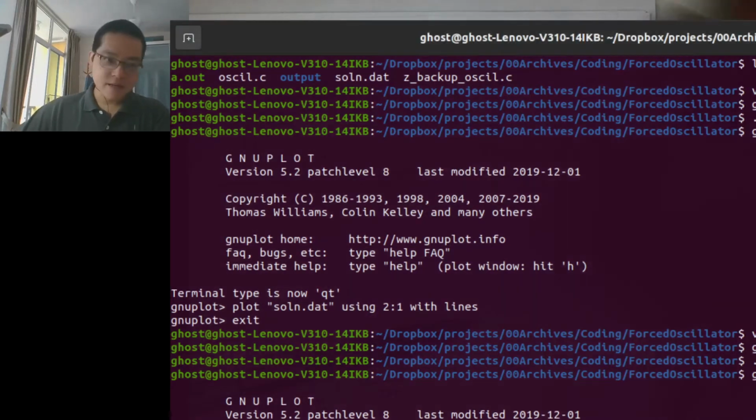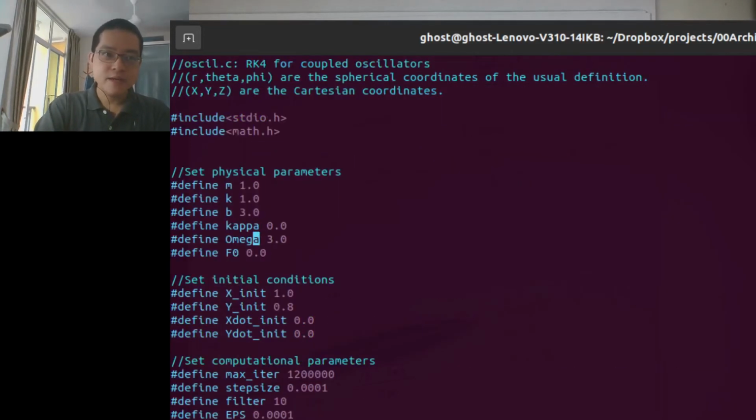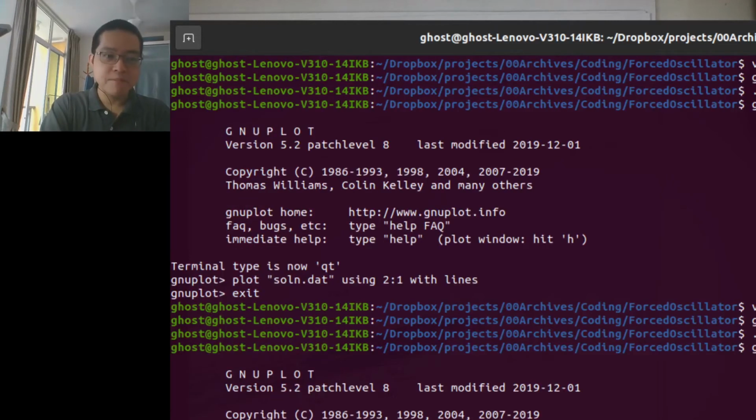And then the case of critical damping is not very boring because it's just in between under damping and over damping. So if m and k are equal to 1, 4mk is 4. So I want b squared to be 4, so b equals 2. This is critical damping.